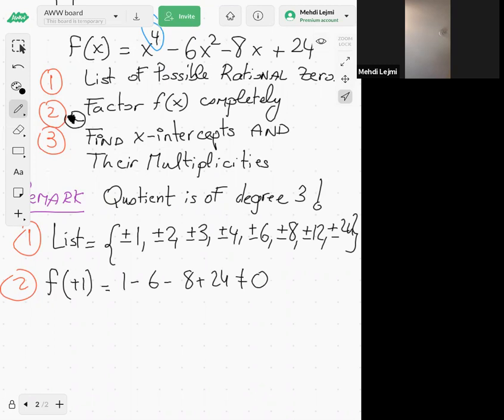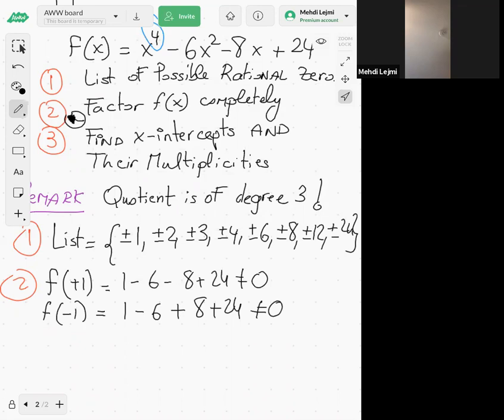So 1 is not a solution. If you check negative 1, it's positive 1 minus 6 plus 8 plus 24, which is not 0. So neither positive 1 nor negative 1 is a solution.